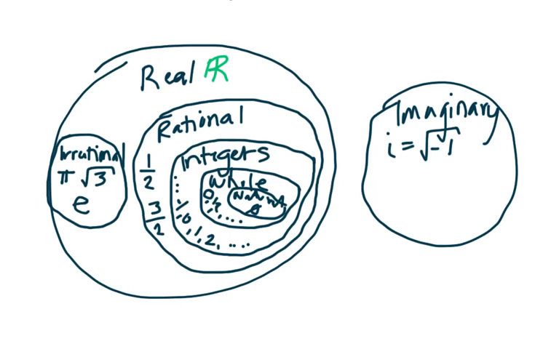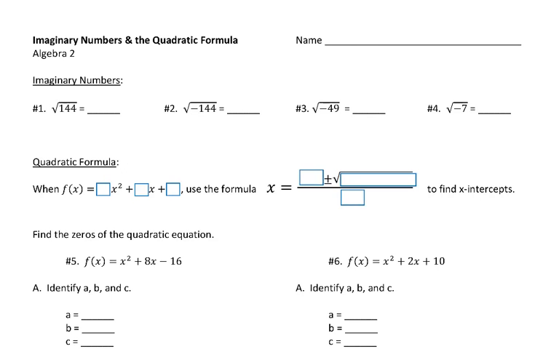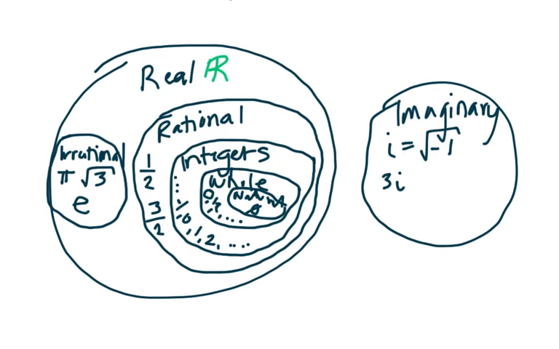If you've up until now tried to take the square root of a negative number, you would have in fact gotten something that says like invalid dimension or error, okay? But now you can actually take out that negative and insert an i, and then you get whatever number you need. So you could get 3i, you could have 1.7i, whatever it happens to be. You get to use all of it.